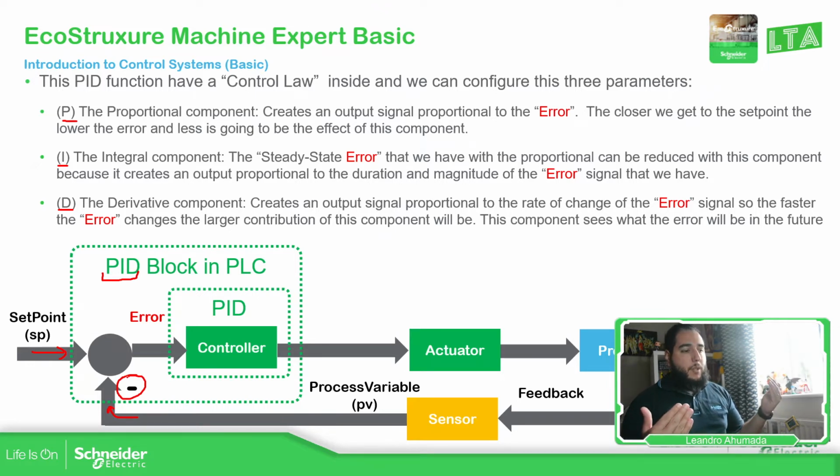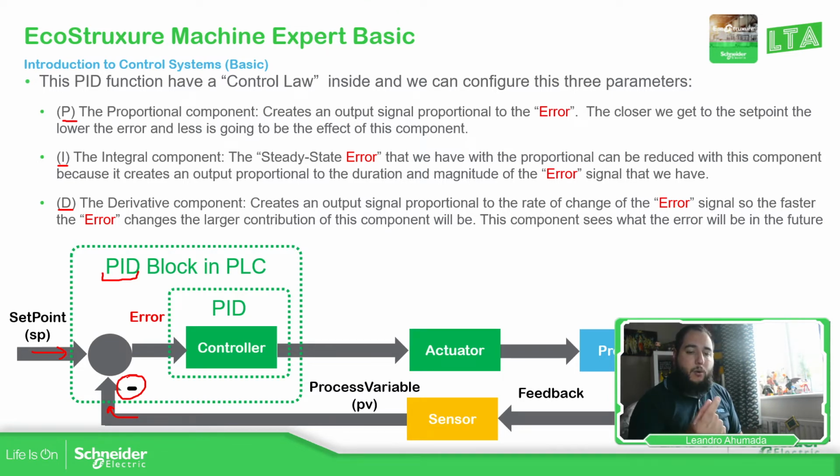So what the PID does is to check how far we are from the desired value that we want, which is the set point. So it creates this kind of error, that basically subtracts the process variable from the set point. That gives us an error.